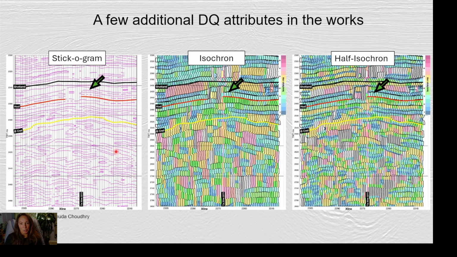It kind of helps with the calculation of isochron, so like a layer thickness and half isochron, which is showing us variability in the individual beds. What I like about the stichogram, and I'm curious about, is if we can use it maybe someday for more of an automated horizon tracking, since it's kind of noticing and improving those interfaces.